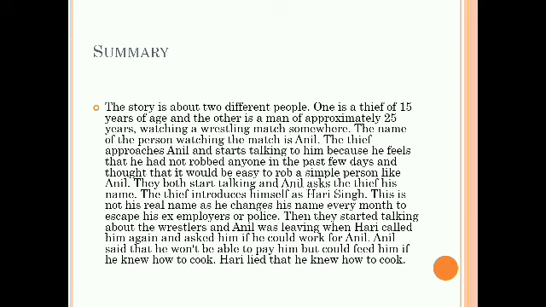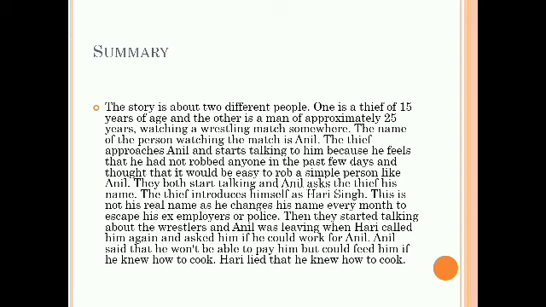The thief approaches Anil and starts talking to him because he feels that he had not robbed anyone in the past few days and thought that it would be easy to rob a simple person like Anil.